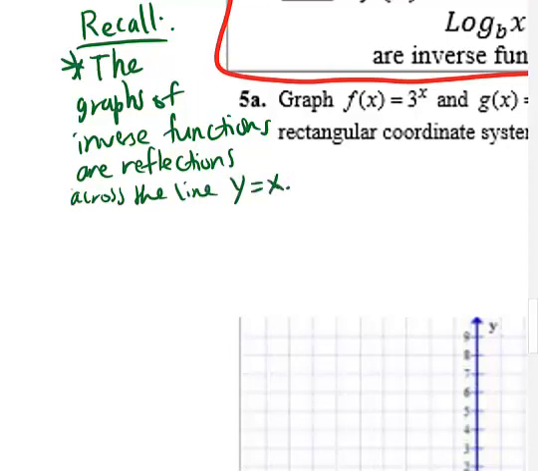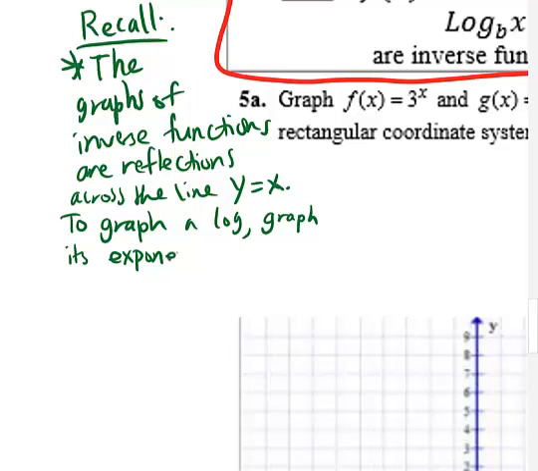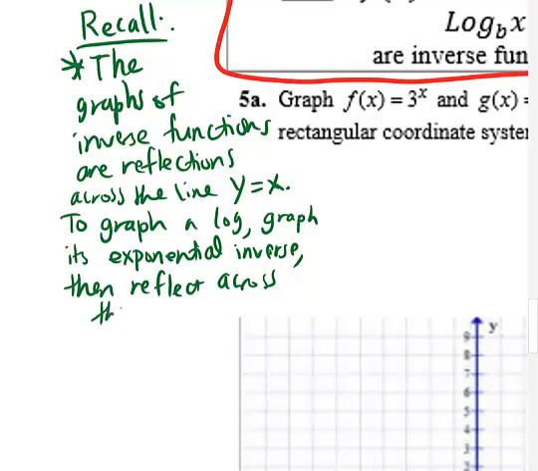So all that to say, to graph a log, graph its exponential inverse, then reflect across the line y equals x.